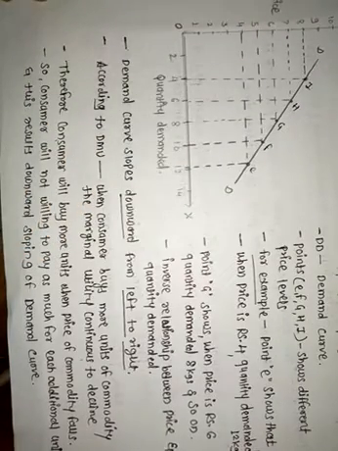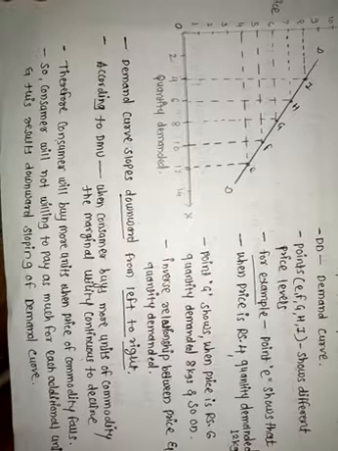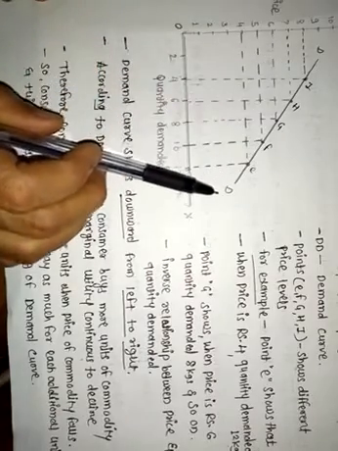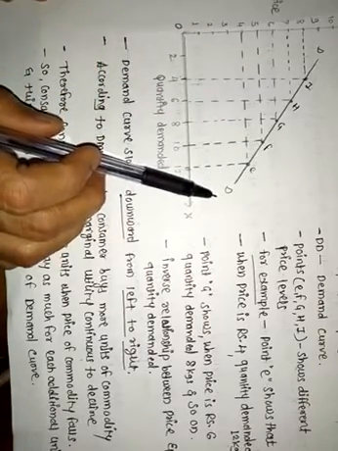An explanation for a downward sloping demand curve depends on the notion of diminishing marginal utility. According to diminishing marginal utility, when a consumer buys more units of the commodity, the marginal utility continues to decrease. See here, if the consumer buys more units of the commodity, then marginal utility continues to decline.